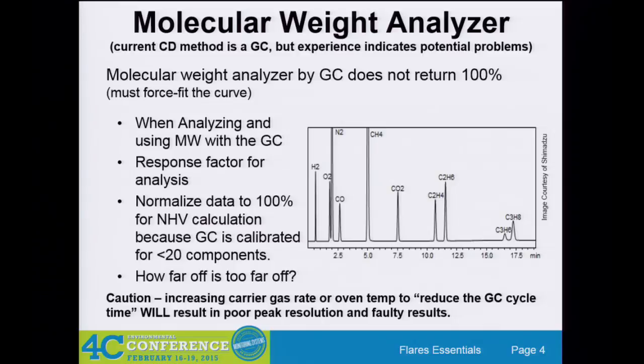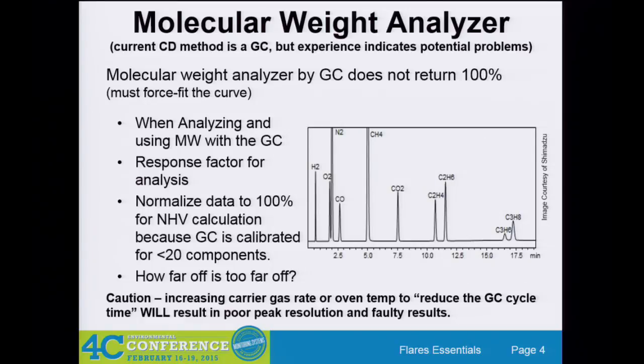Is close good enough? There isn't any real guidance from the consent decrees as to how close you need to be with these measurements. They have an accuracy requirement on each analysis, and they specify the components. But if you find an outlier, how do you handle that when everything's not adding up to 100%?